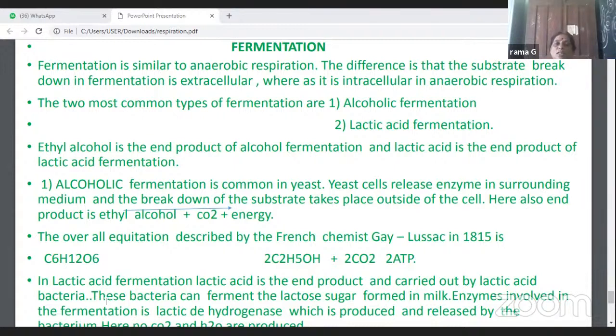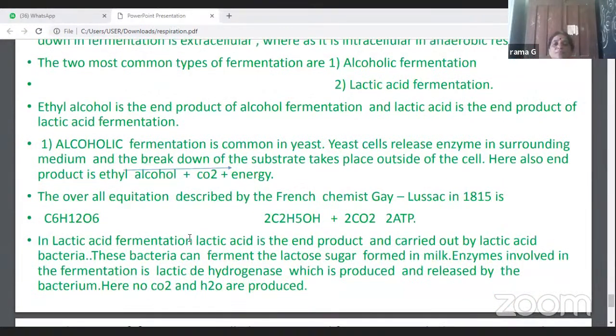In alcoholic fermentation, these changes were observed by Gay-Lussac in 1815, and the main change is that a glucose molecule under anaerobic conditions splits into ethyl alcohol plus carbon dioxide plus 2 ATP molecules plus 58 kilocalories of energy. When compared with aerobic respiration, it is very little.